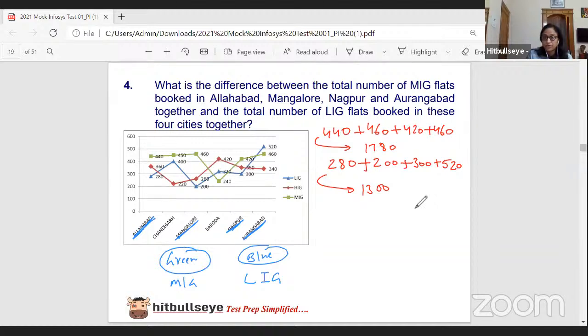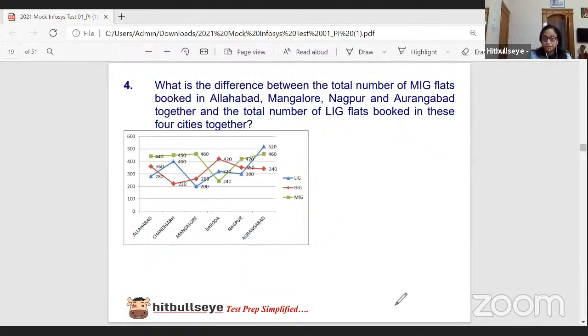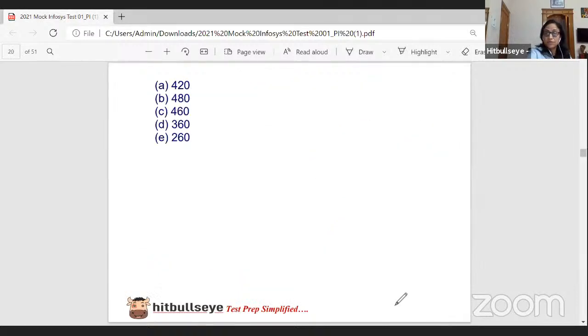The majority of you have already given 480 as the answer. No percentage. It was only talking about difference. Okay? No percentages, only the difference. Any problem? Okay, let's move ahead then. So the answer is 480, which is given in option number B.